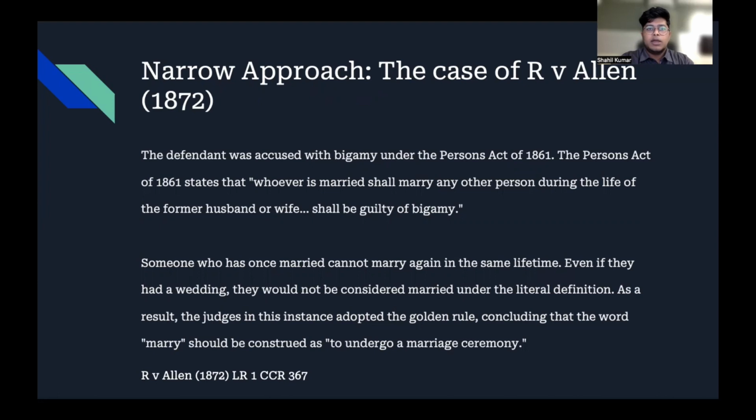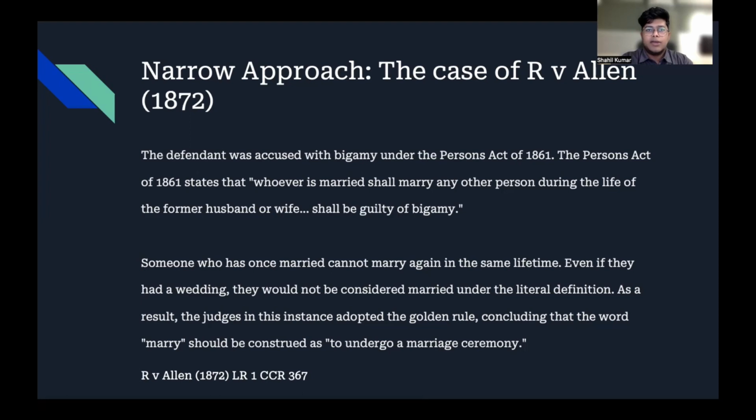The case of R v. Allen, 1872, demonstrates a narrow position. The defendant was accused of bigamy under the Offences Against the Person Act of 1861. The Act states that, quote, "Whoever being married shall marry any other person during the life of a former husband or wife shall be guilty of bigamy," close quote. So if you apply the other basic rule, the literal rule, someone who has once married cannot marry again in the same lifetime.